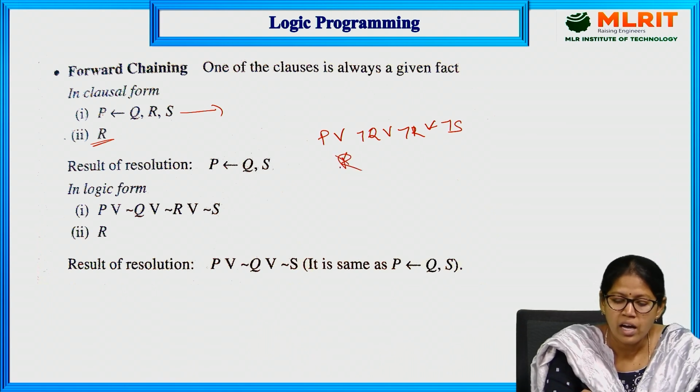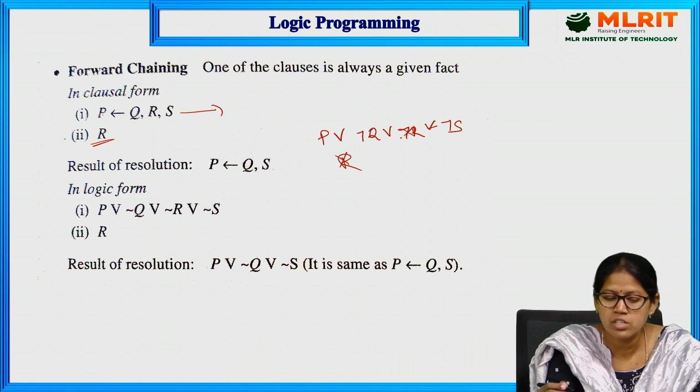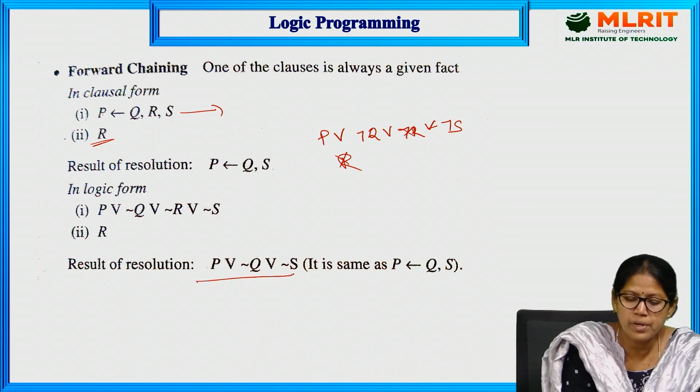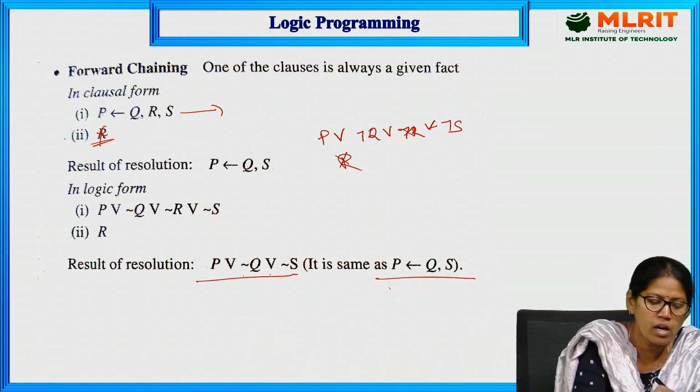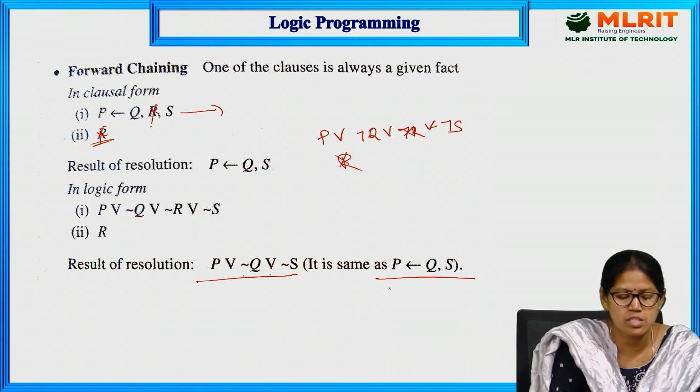This R is resolved with the negation R. The resultant is P or negation Q or negation S. It is the same as P implied by Q, S. So this R and this R will be resolved.